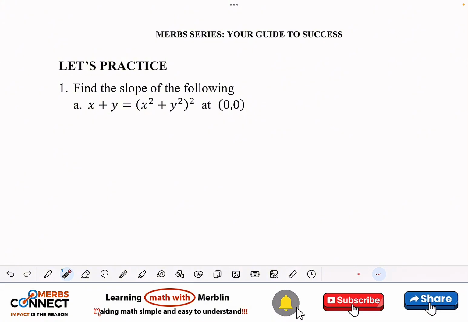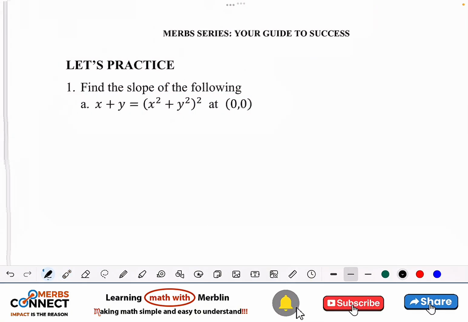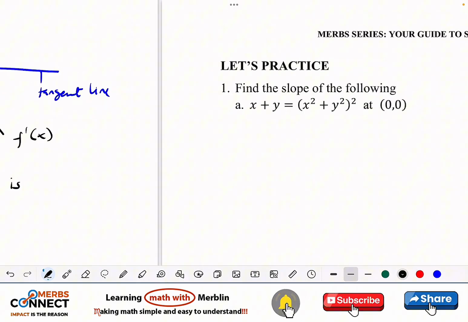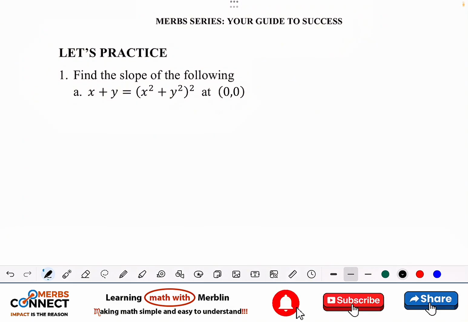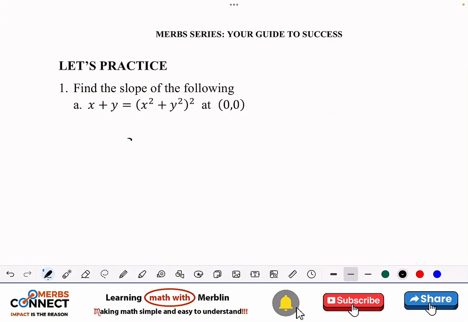Since we've talked about implicit differentiation, we are also going to use the implicit differentiation idea here. So let's start by finding the slope of this function at the point (0, 0). Since we are dealing with the slope, we want to find the slope. So given x plus y is equal to (x squared plus y squared) all squared.